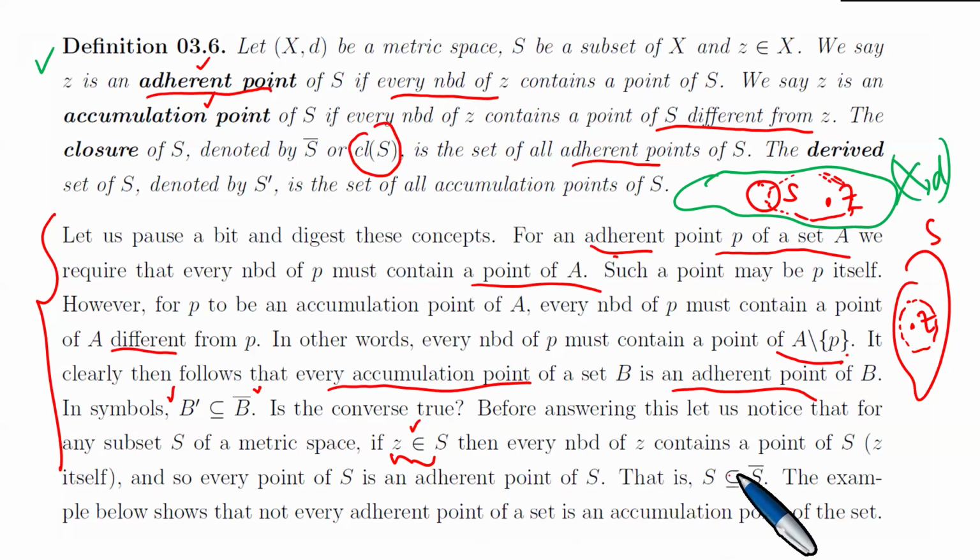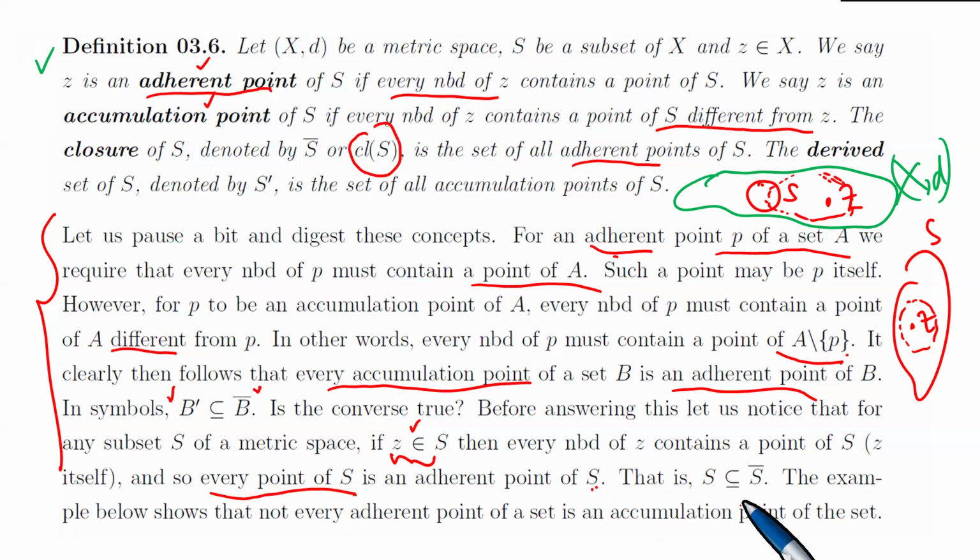Then every neighborhood of Z contains a point of S, namely Z itself. And so Z is an adherent point of S. So every point of S is an adherent point of S.